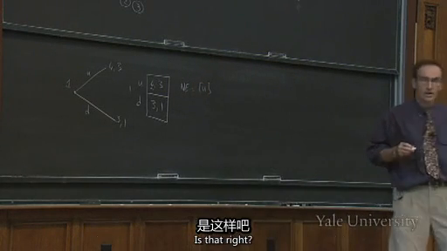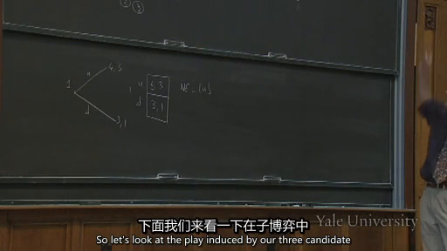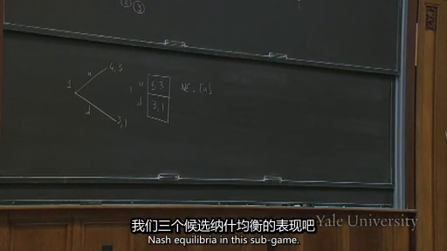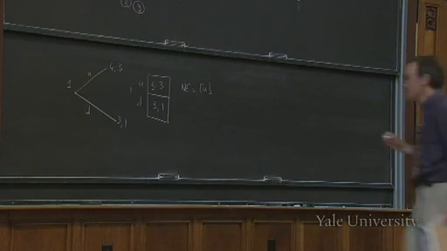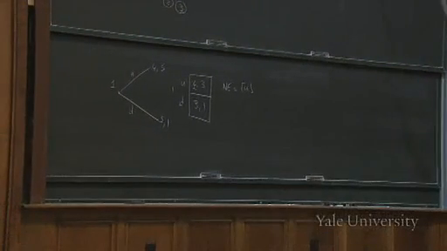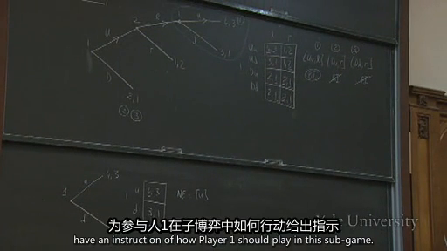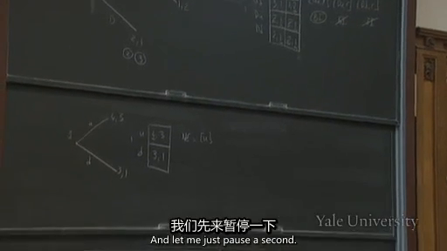Is that right? So let's look at the play induced by our 3 candidate Nash equilibria in this subgame. Each of our candidate Nash equilibria, here they are, has an instruction of how player 1 should play in this subgame. And let me just pause a second.